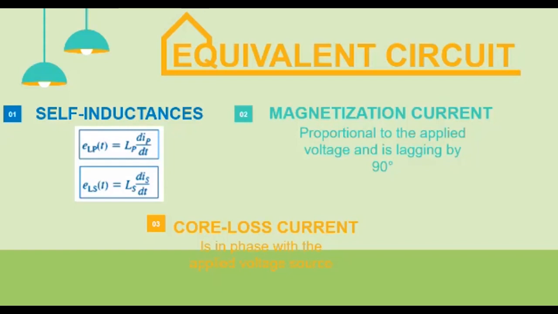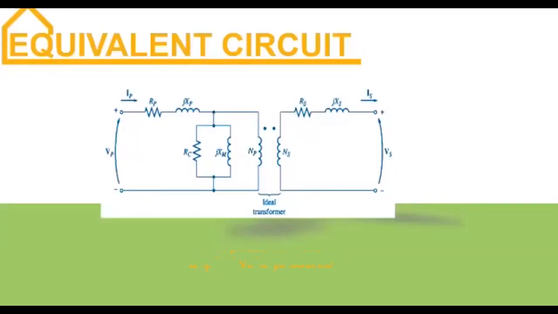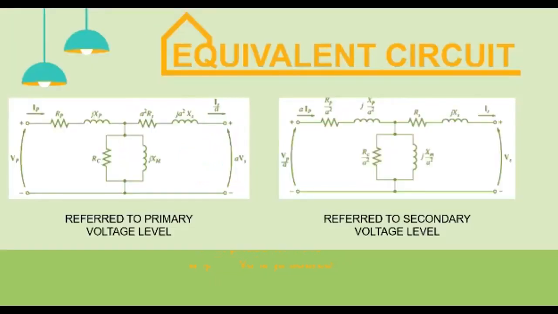Next, here is an example of an equivalent circuit modeled with an ideal transformer. The last part, we will try to solve one example regarding the equivalent circuit. These are the two considerations that need to be made. When we draw an equivalent circuit, we must note where it is referred.